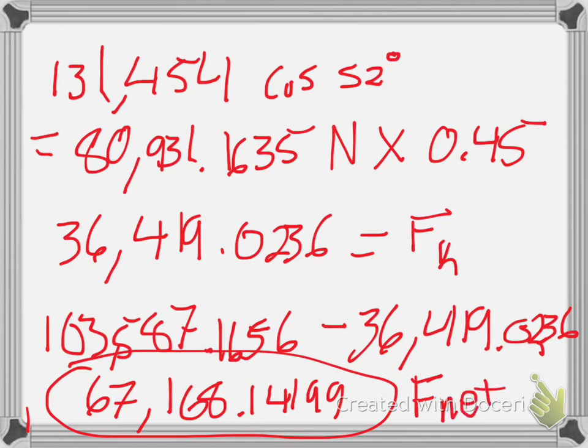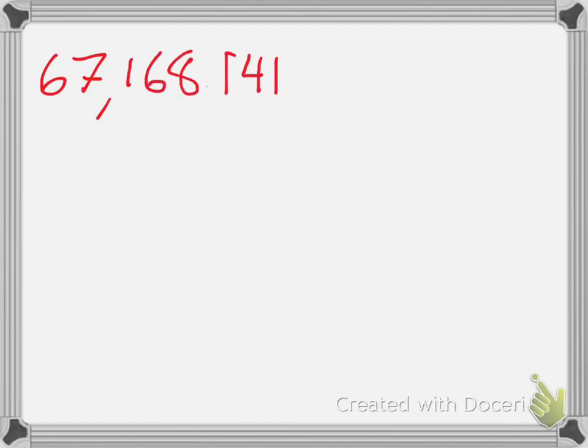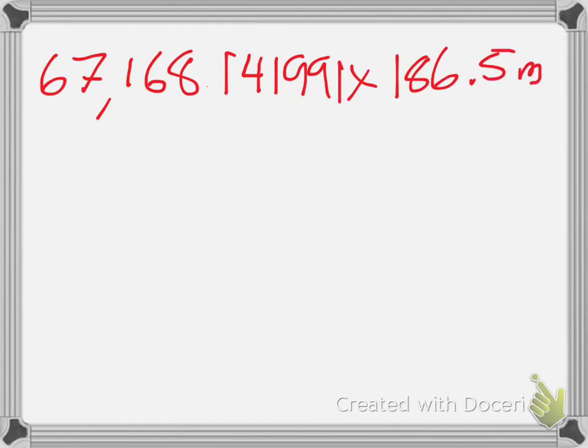But unfortunately, we're still not done. Because if you'll recall, we need to take that lovely net force, and I'm going to go ahead and clear my screen again, and we need to multiply it by the displacement that we calculated at the beginning, which was 186.5 meters.